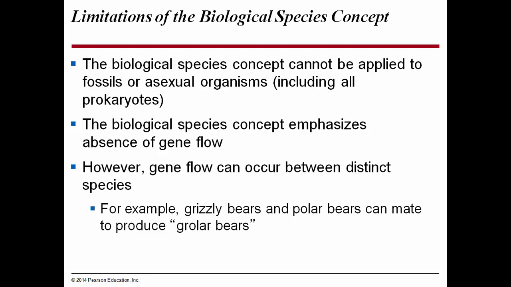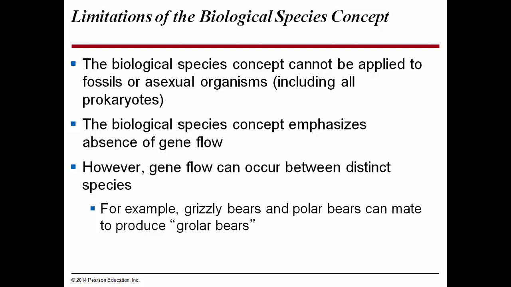And for asexual organisms, you have to look at their genetics and morphological characteristics, for example, of the bacteria and the archaea, in order to determine what species they may fall in, what taxonomic category. So it's hard to know.